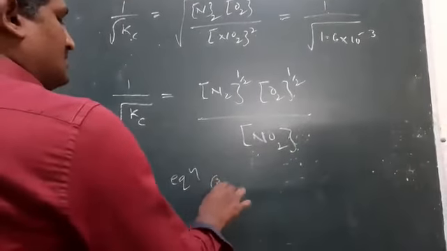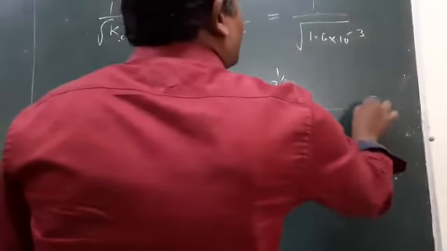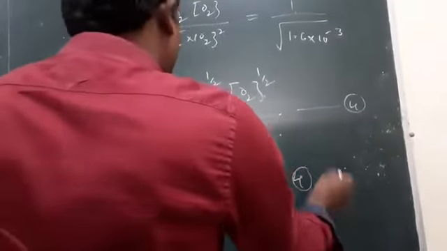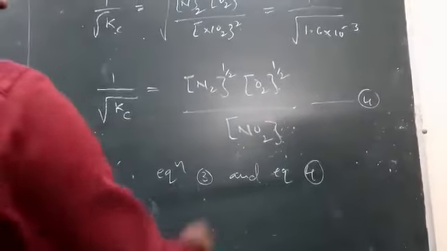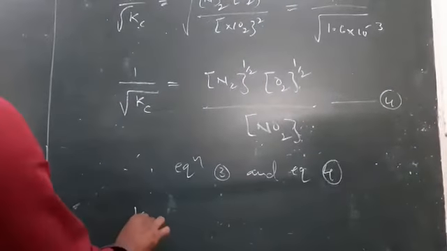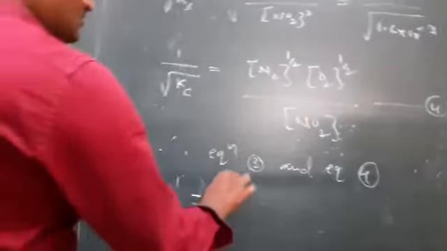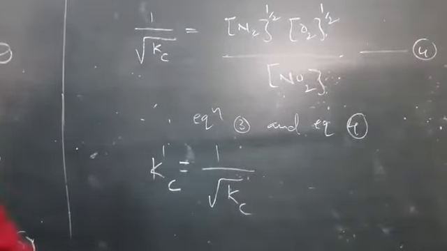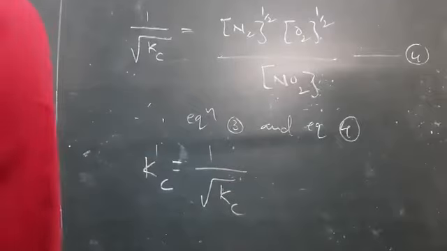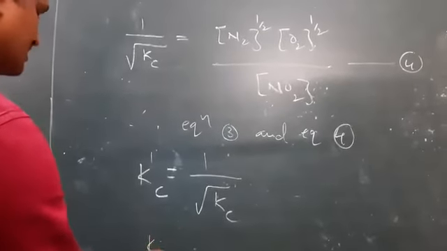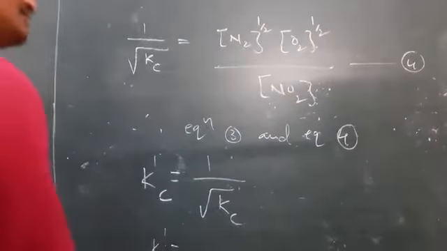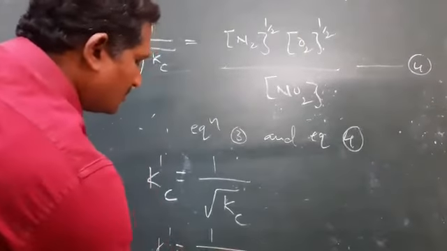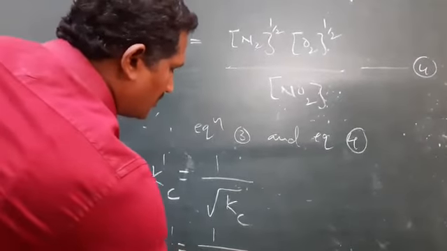From equation 3 and 4, Kc prime equals under root 1 by Kc. If you simplify this, Kc prime equals 1 by under root of 1.6 into 10 power minus 3.